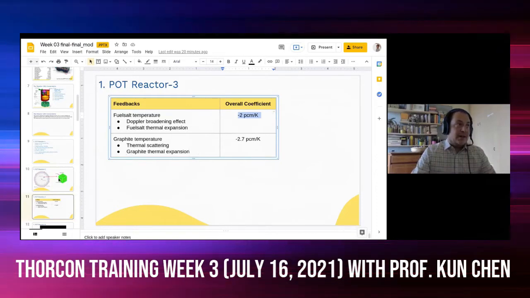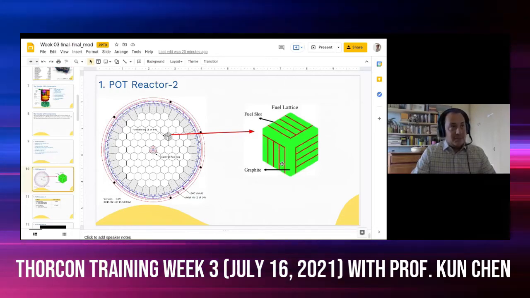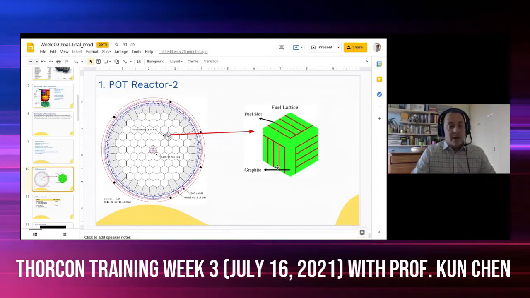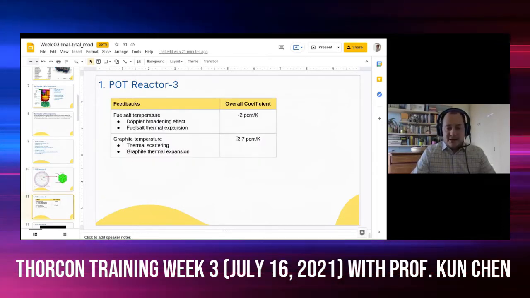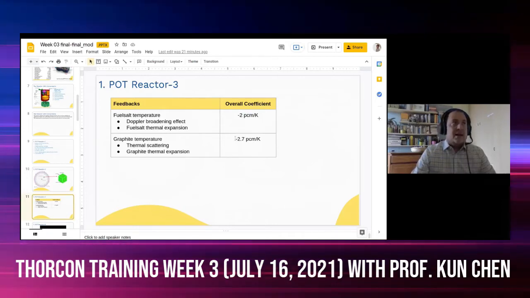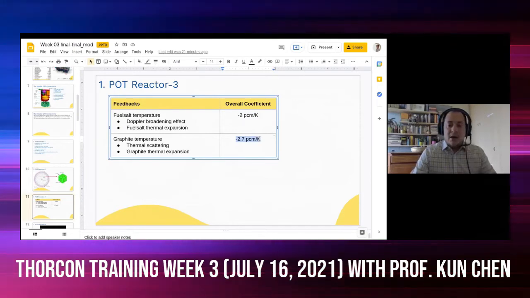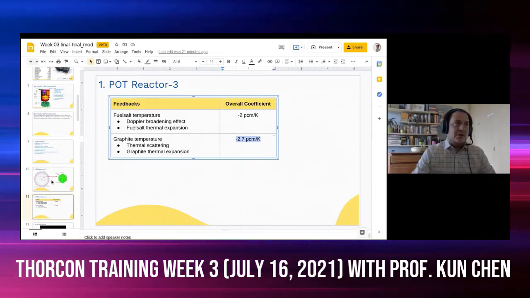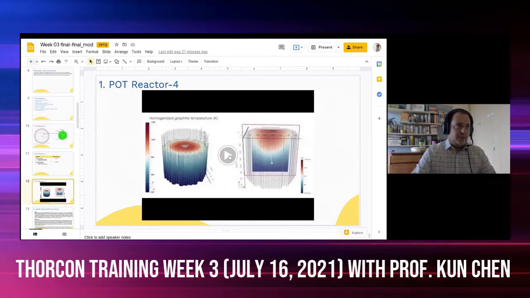Also, the graphite expansion effectively pushes a little bit of salt out of the core. Both effects are summed up and lead to a negative overall effect in the present design. And again, this is a reasonable number which undergoes minor changes depending on the specific core configuration.